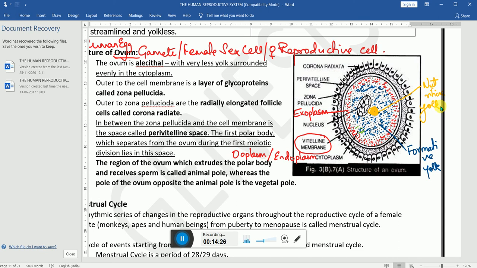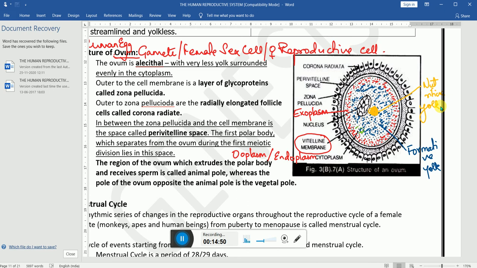Let me once again repeat myself, students. The outermost membrane of the ovum is called the Vitelline membrane. This is the cell membrane. Inside this Vitelline membrane, we have the cytoplasm, which is differentiated into the exoplasm and endoplasm.